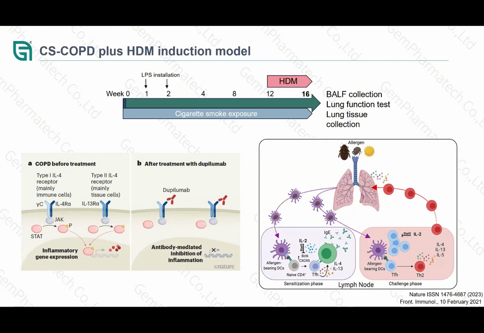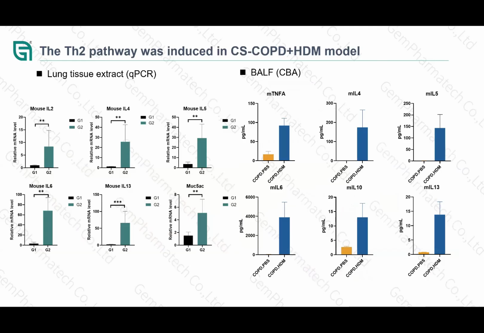To address the need for testing treatments targeting this subgroup, we modified our existing model. We added the allergen house dust mite as an extra inducer, creating a model for type 2 inflammation COPD. In this model, we collected the mouse samples for lung tissue RNA detection and supernatant inflammatory factor protein analysis.